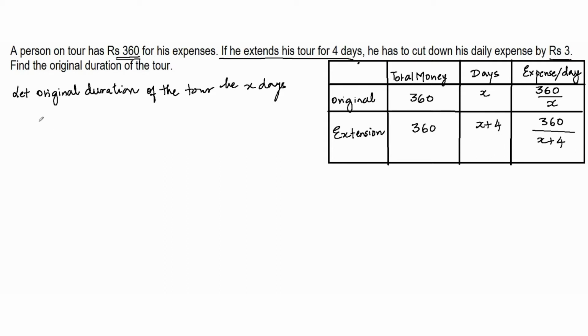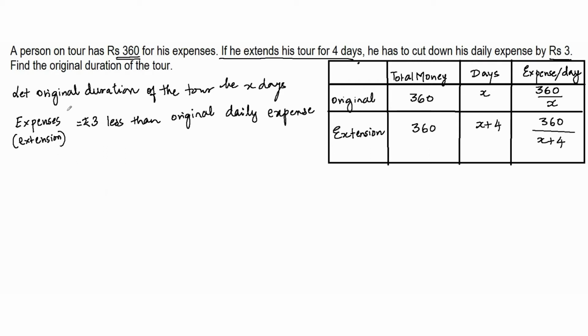It's given that his expenses in the extension case is 3 rupees less than the original daily expense, right? This is exactly what is given to us, and that is because he's extending his stay by 4 days. That is why his budget per day is definitely going to decrease.